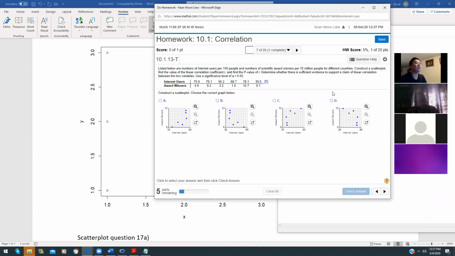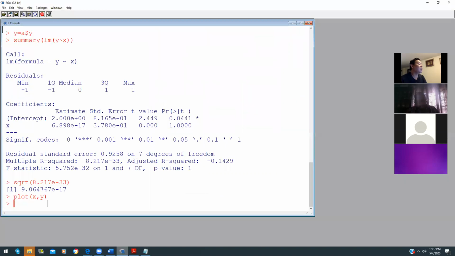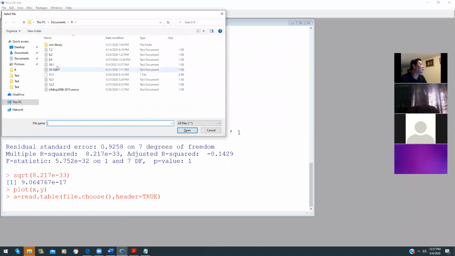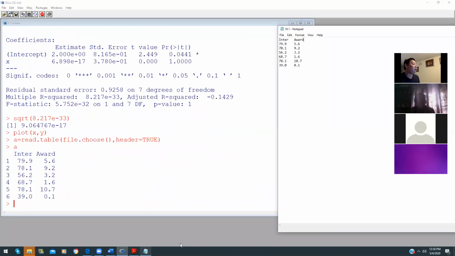And then what you need to do here is go to your R. Don't forget, it's not X equals, it's A equals, and then the 10.1 that I saved. I want you to type A, enter, so that your Notepad data is the same as this.